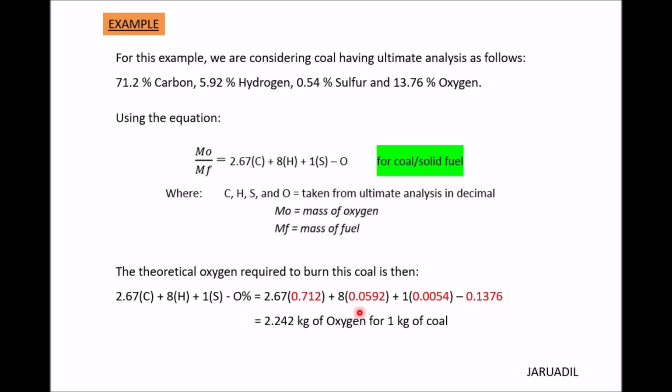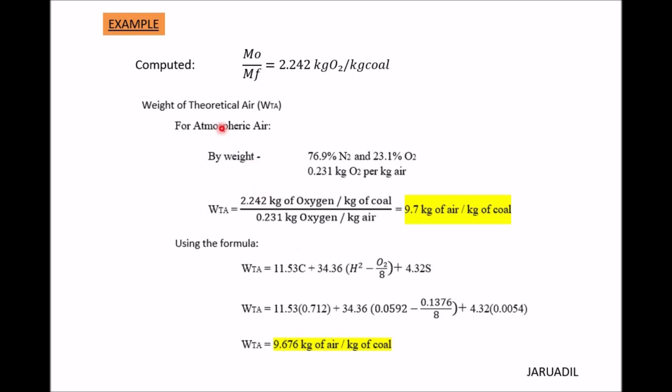So, ito yung carbon, hydrogen, in decimal, kasi 71.2, that is 0.712. 5.92, that is 0.0592. 0.54%, that is 0.0054, and 13.76%, that is 0.1376. Then we have 2.242 kg of oxygen for 1 kg of coal. So this is our computed mass of oxygen per mass of fuel.